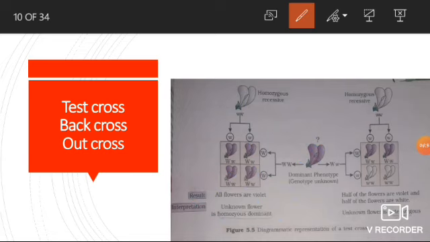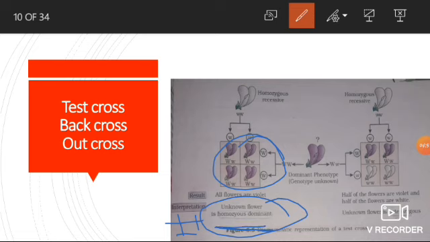So in the next generation we will find capital W small w genotype, and all the flowers are violet. That means all are showing the dominant phenotype. By observing the phenotype of this next generation, we conclude that the unknown flower is homozygous dominant.